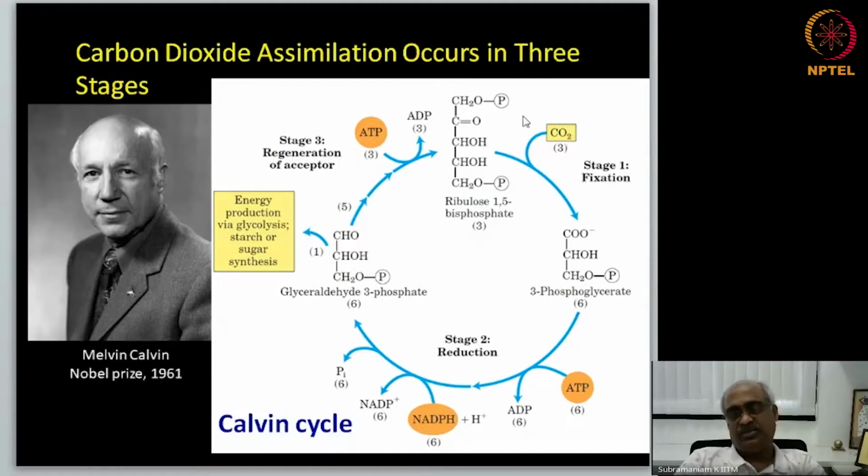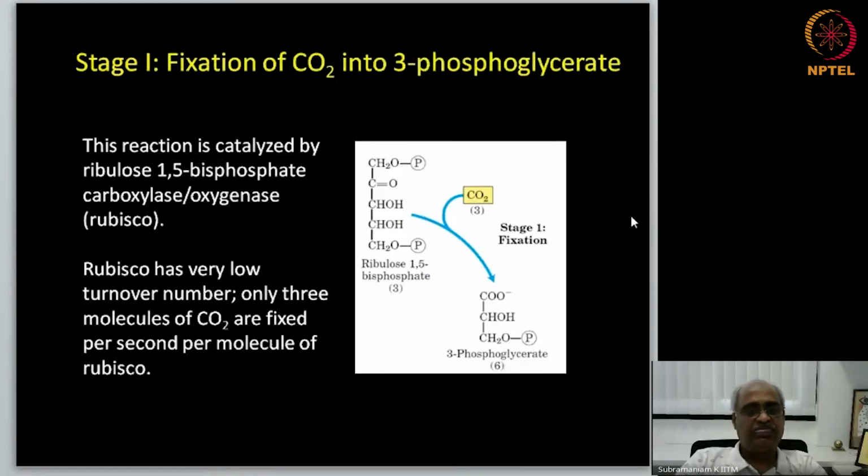So today we are going to spend a significant amount of the time focusing on this stage 1, fixation. This entire cycle is called the Calvin cycle in honor of the scientist who elucidated this pathway. So this is stage 1, Ribulose 1,5-bisphosphate becoming 3-phosphoglycerate.